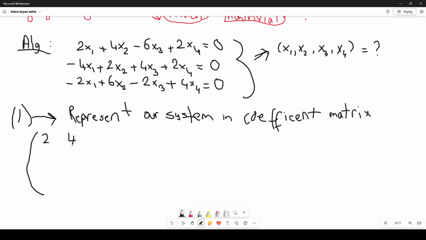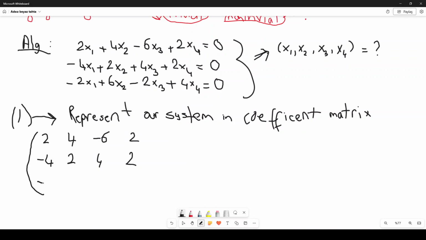This is 2, 4, and so on. In the first row, I write the coefficients of each unknown variable along with their signs. Don't forget negative signs as well. And for all equations I repeat the same process: -4, 2, 4, and 2 again.